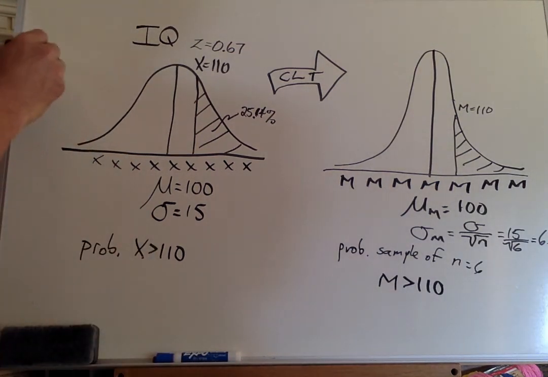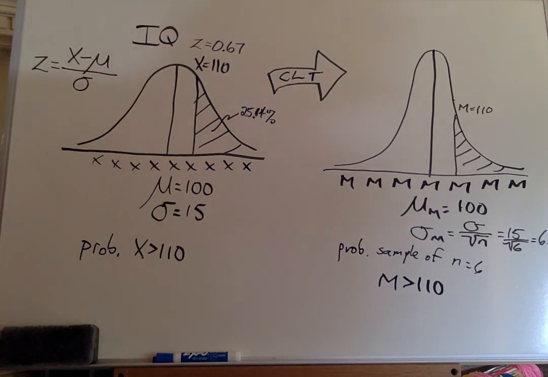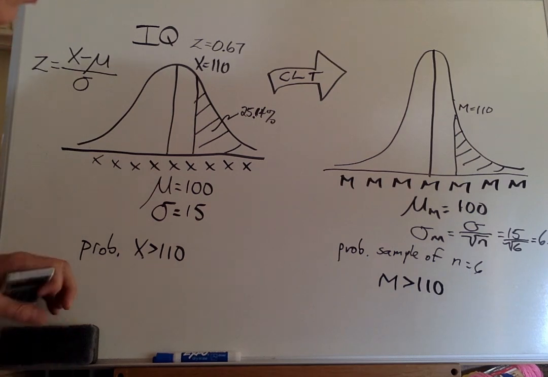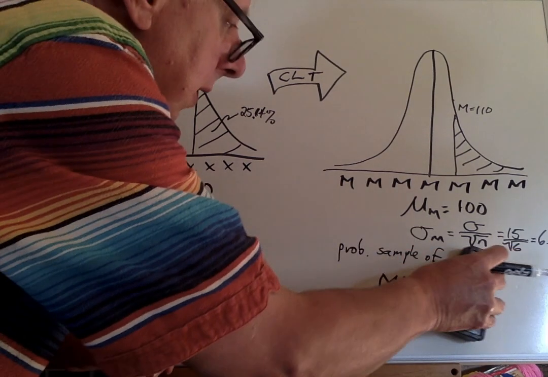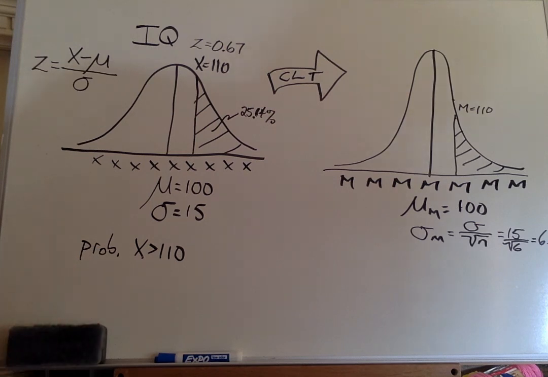Here's the z-score formula I used here. The x value, how far away from the mean it was, and we're going to divide by standard deviation, right? Review, review, review, okay? For this distribution, I'm going to erase this now. We're going to use the z-score formula.